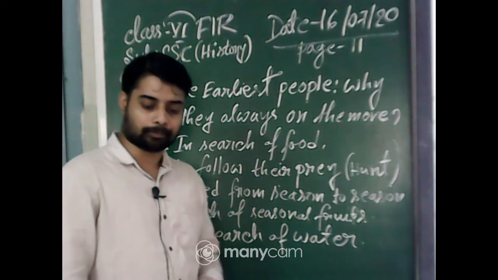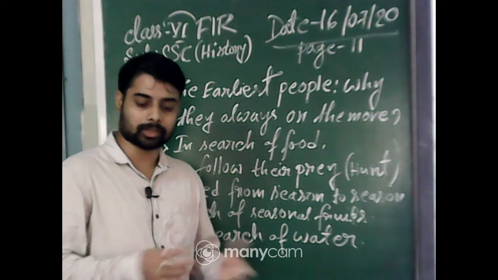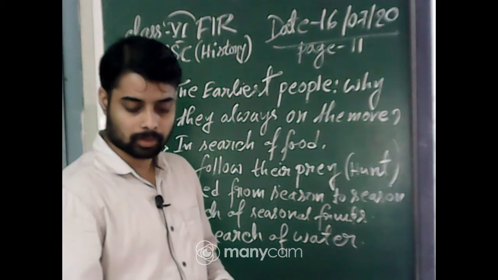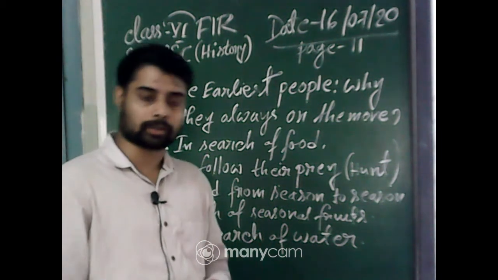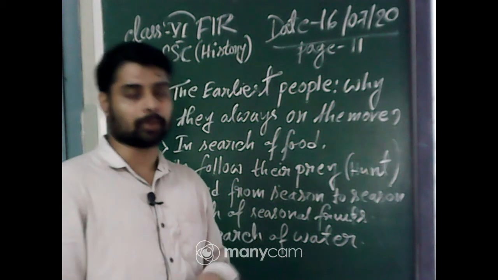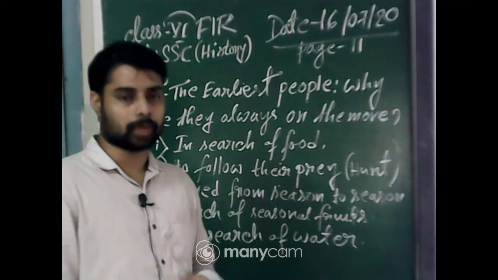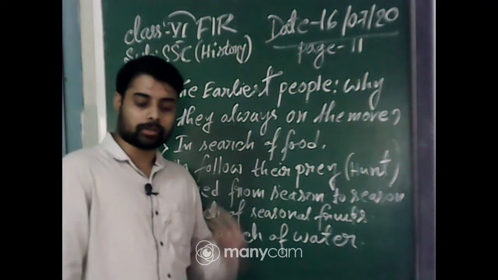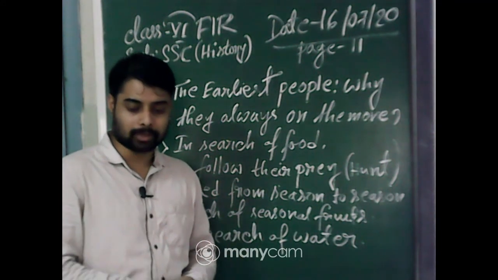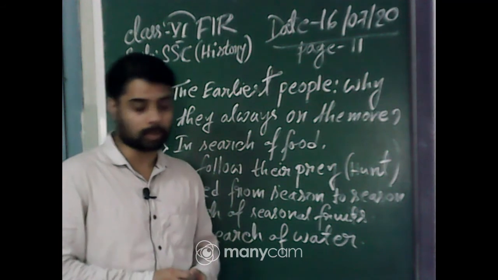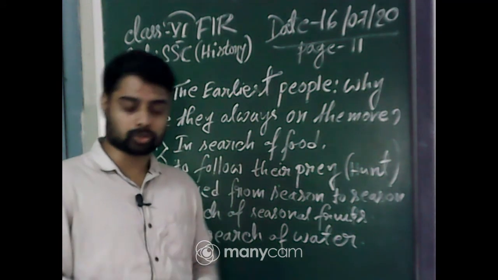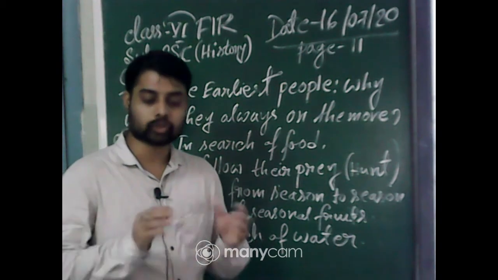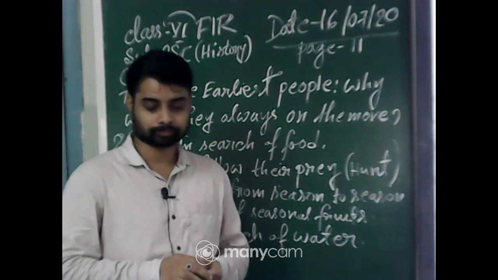The name hunter gatherers comes from their work, the way in which they got their food. Generally they hunted wild animals, caught fish and birds, and gathered fruits, roots, nuts, seeds, leaves, stalks and eggs.